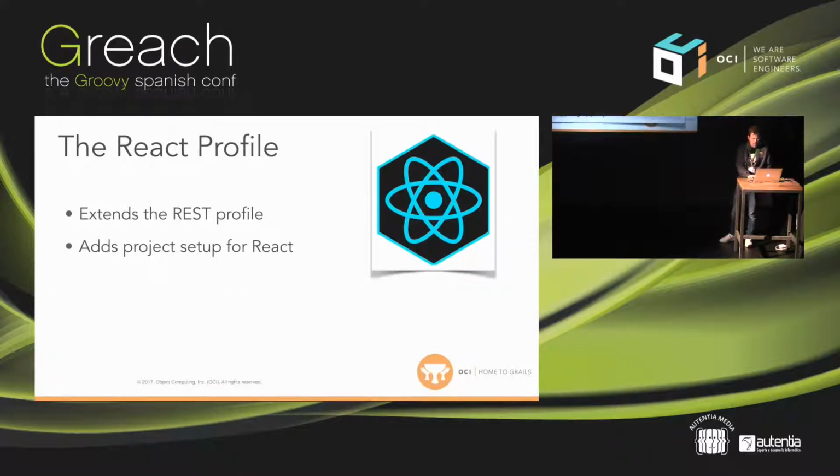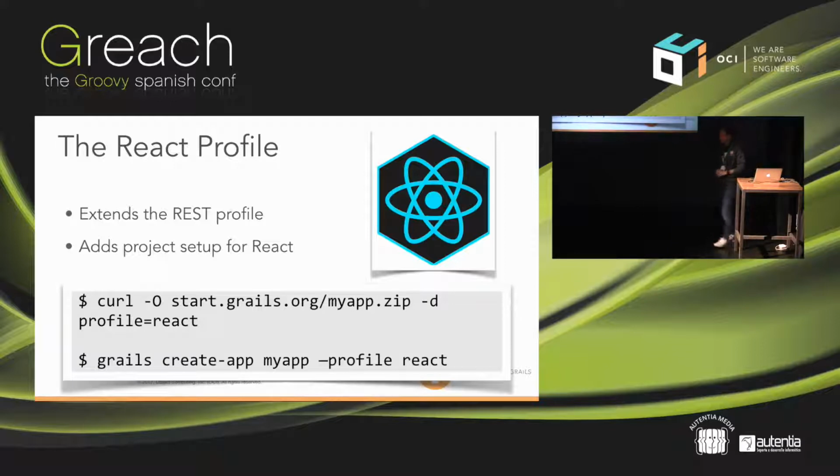Also, we have a React profile, which is pretty cool, and we have a really fantastic guide on guides.grails.org for using the React profile. So if you really don't care about Angular and you prefer React, then you can use the React profile instead.